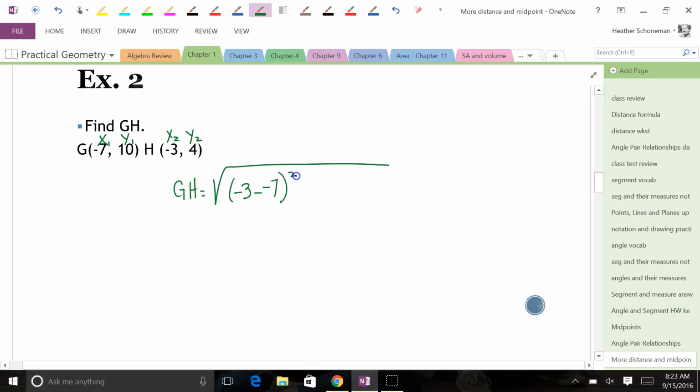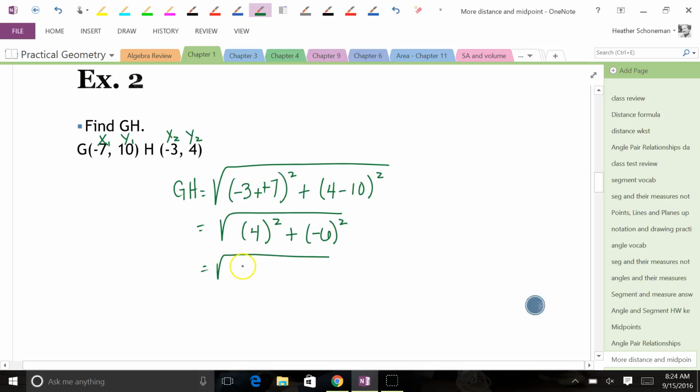Negative 7 squared plus y2 minus y1 is what? 4 minus 10. Very good. Okay, minus a negative becomes plus a positive. Negative 3 plus 7 is 4. So we have 4 squared plus 4 minus 10 is negative 6. We have negative 6 squared.